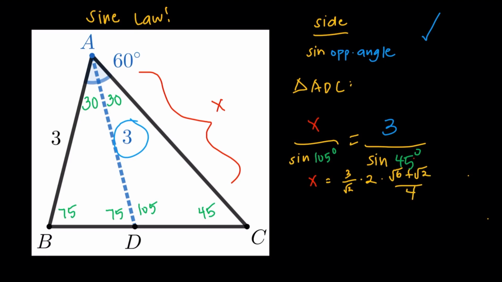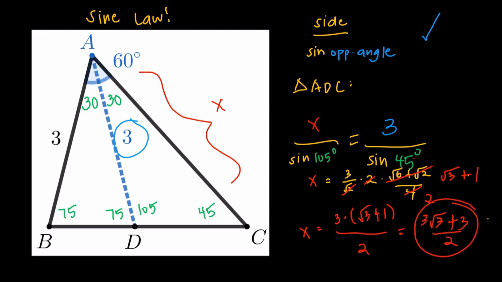We can do some cancellations. The 2 and the 4 cancel nicely, and the square root of 2 cancels with the square root of 6 plus square root of 2 nicely. We do have square root of 3 plus 1 here. So x would be 3 times the square root of 3 plus 1 in the numerator, and in the denominator we just have the 2. So x would be 3 square root 3 plus 3 divided by 2. Not the prettiest value for x, but at least it is an exact value, and it's actually not that bad.